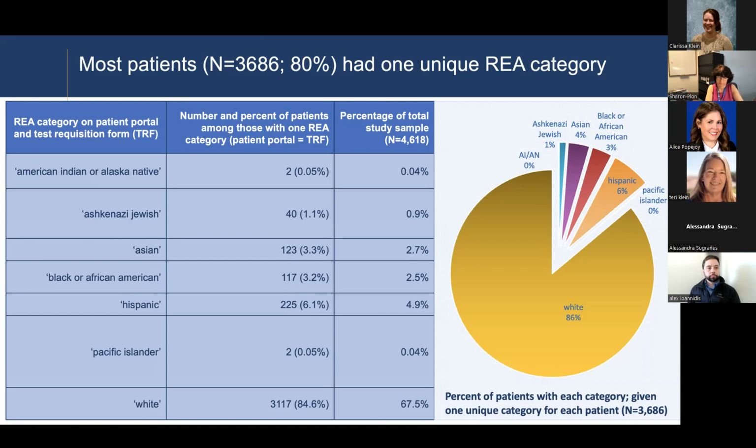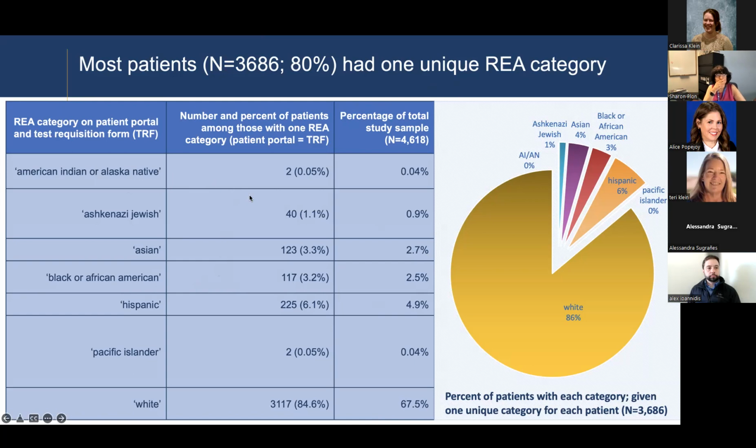By unique, I mean that perhaps they had one category listed on the TRF and another one listed on the patient portal, but those really are the same concept, versus if they had two categories that are distinct. So one unique just means maybe they had two or three, but if they meant the same thing, then they're harmonized together.